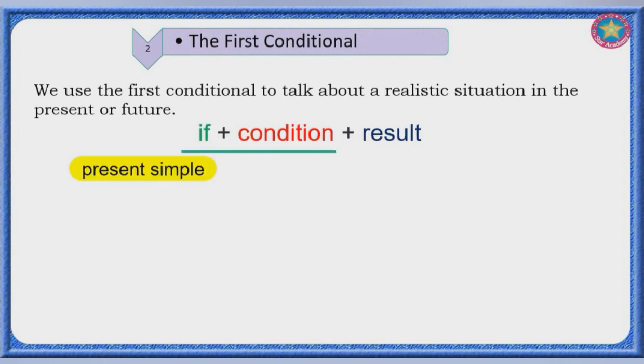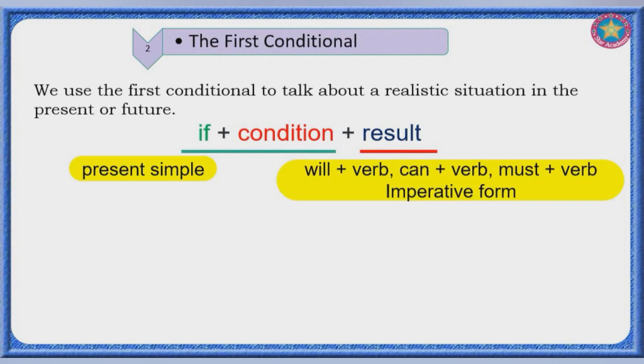Our result will be will plus verb. We can use can plus verb, must plus verb, imperative form. The first part shows 50% possibility, while the second part shows 100% certainty.